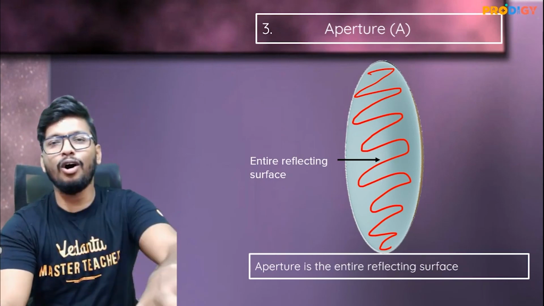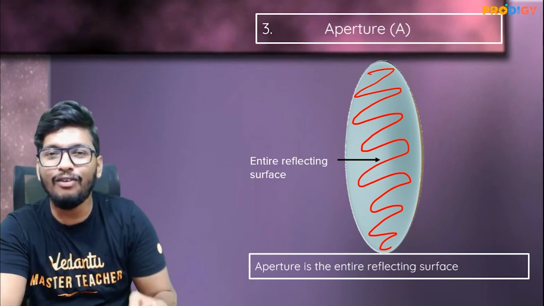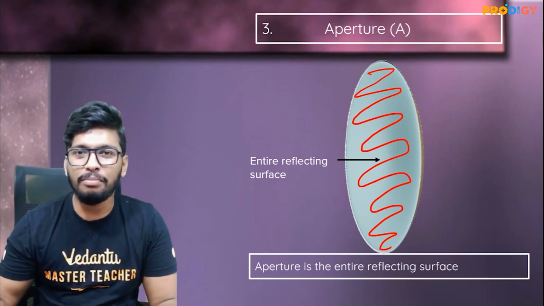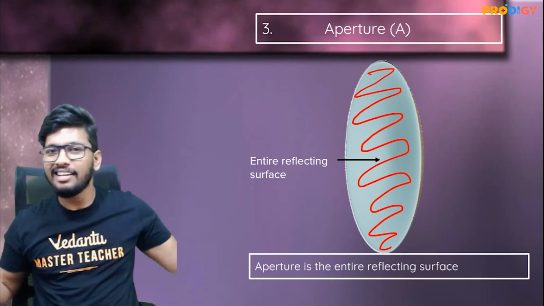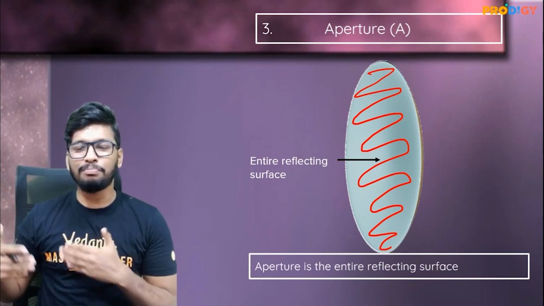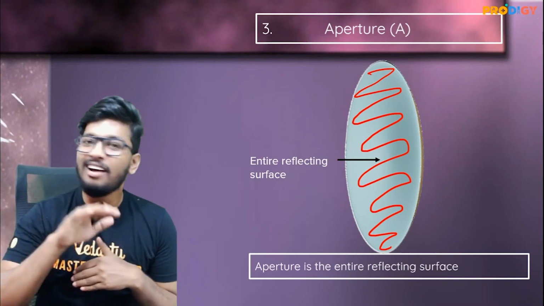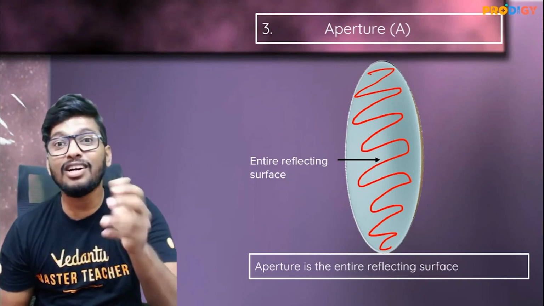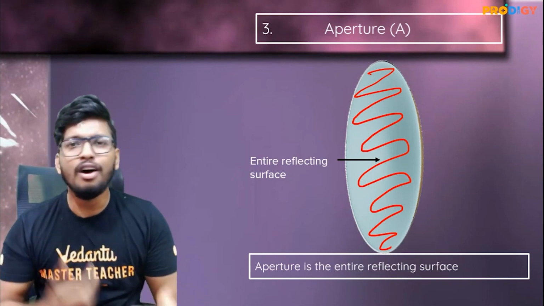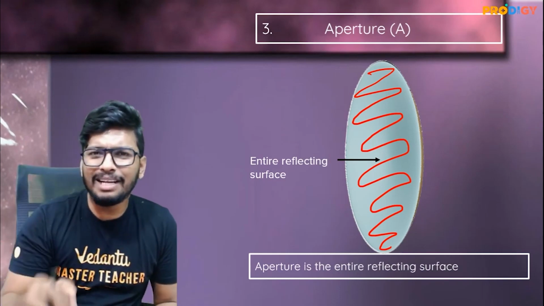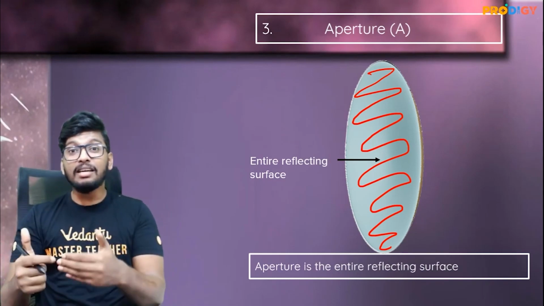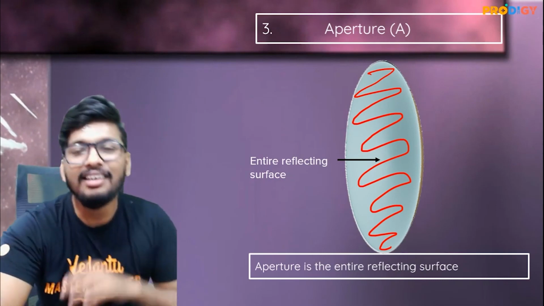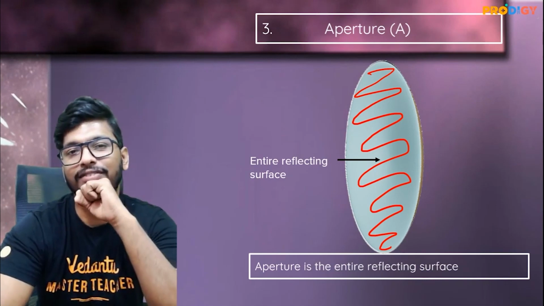For all those mobile phone fans, where you see f1.2 aperture, f1.3 aperture on the latest phones, all of those also have something called aperture. If you have ever read the description, I'm pretty sure all of you would have. So aperture is nothing but the entire reflecting surface, wherever light would fall and get reflected back.